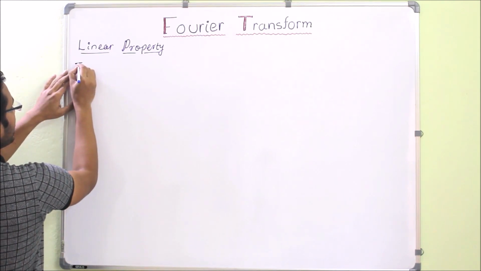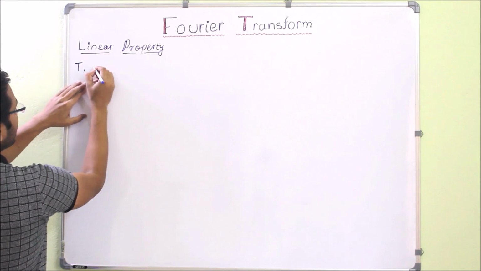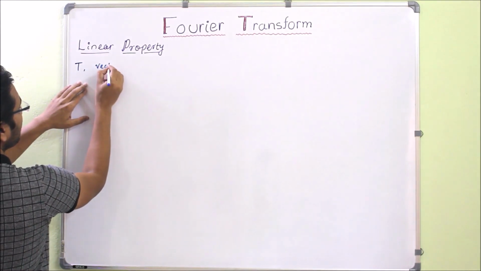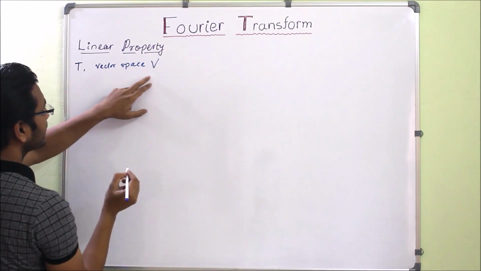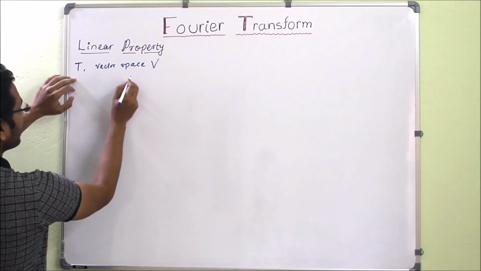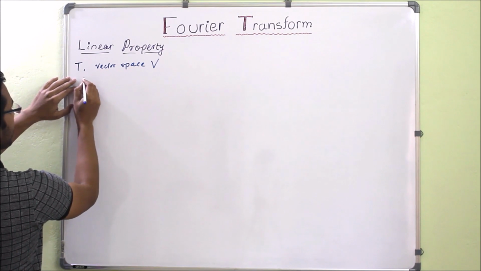If we have a linear transformation T in a vector space V, then how do we define the linear property?